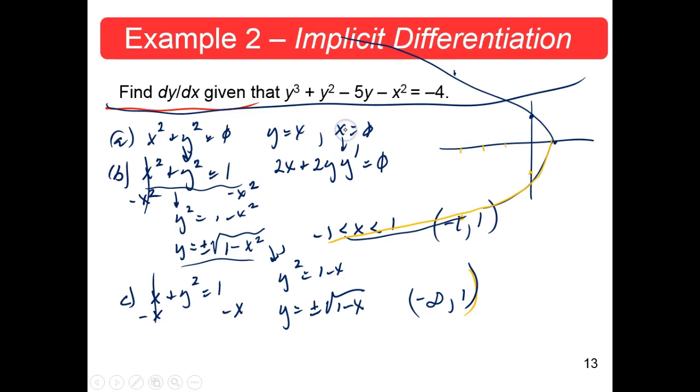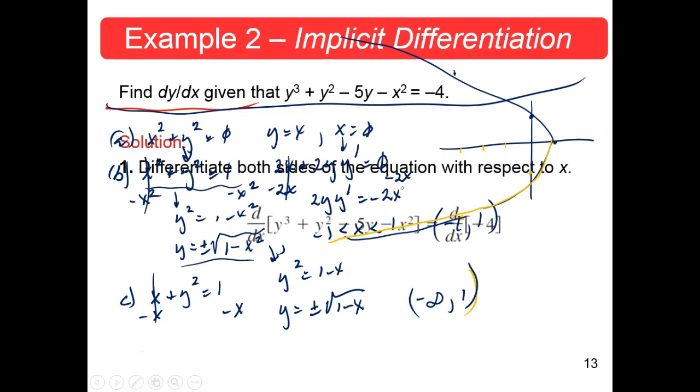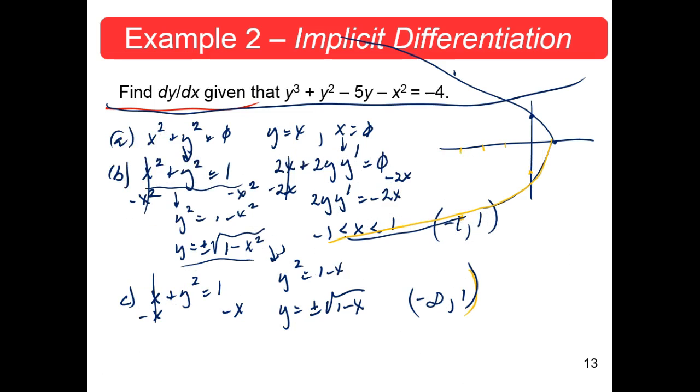Now what are we solving for? Okay, how do you do that? Subtract 2x from both sides. Okay, and that gives us 2y, y prime is equal to negative 2x. What's the next thing you want to do? Okay, divide both sides by 2y.